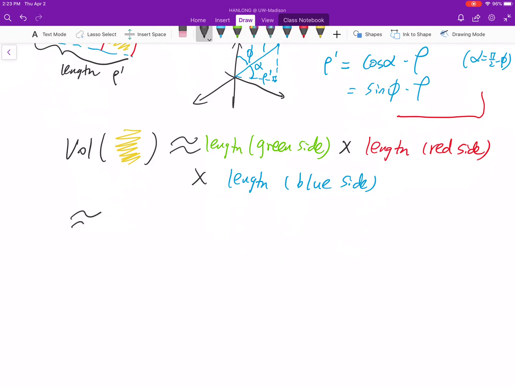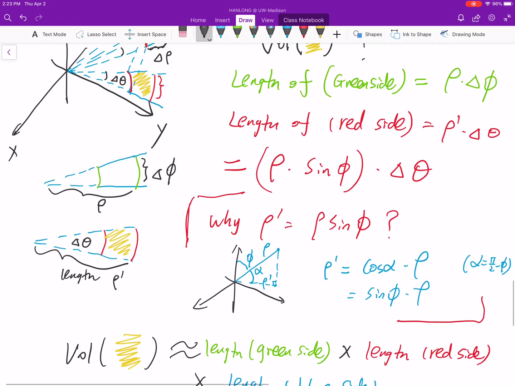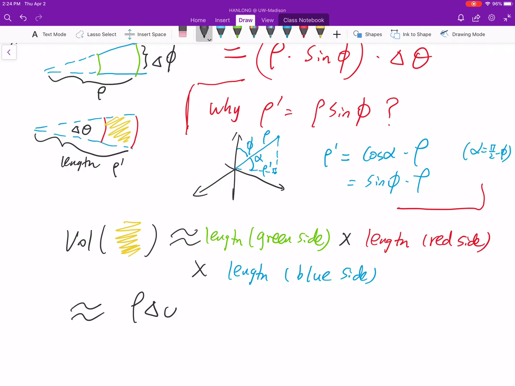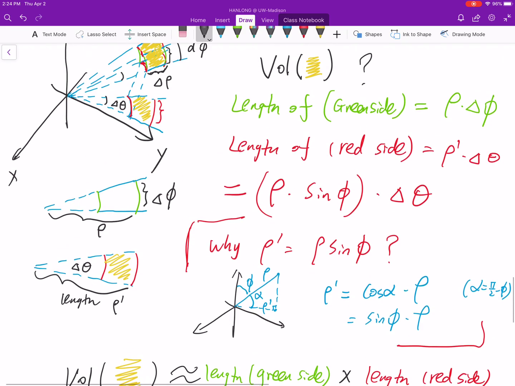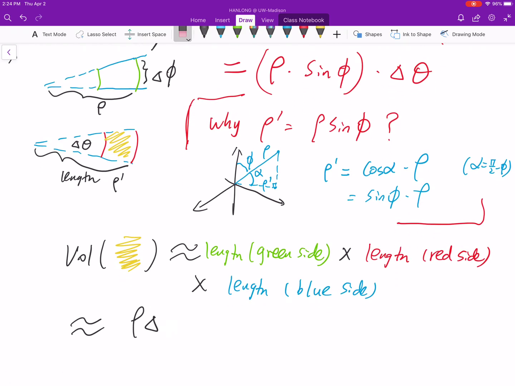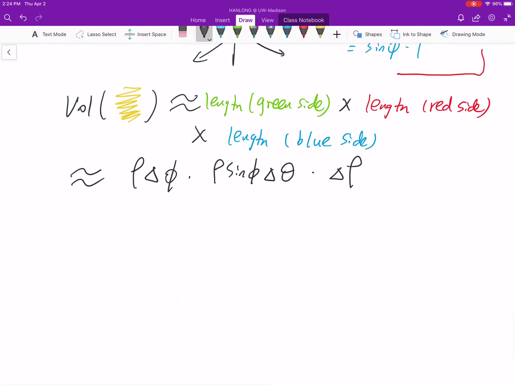Okay, and then you plug in the formula. You have rho delta phi times rho sine phi delta theta times delta rho, which is rho squared sine phi delta rho delta theta delta phi.